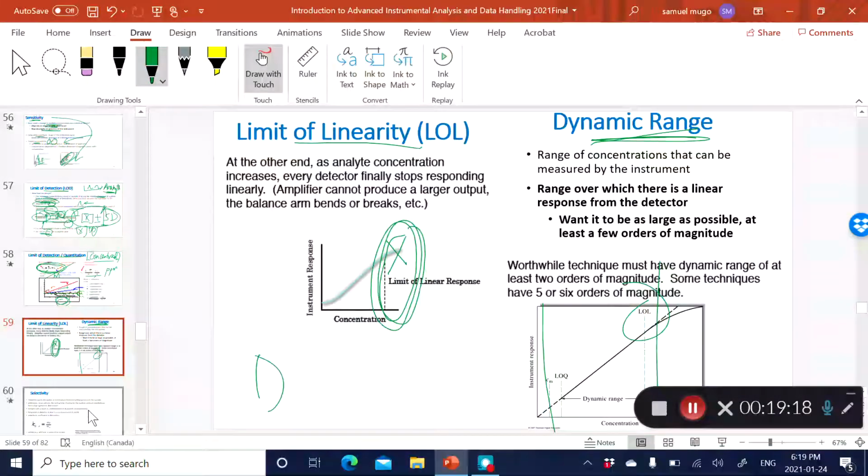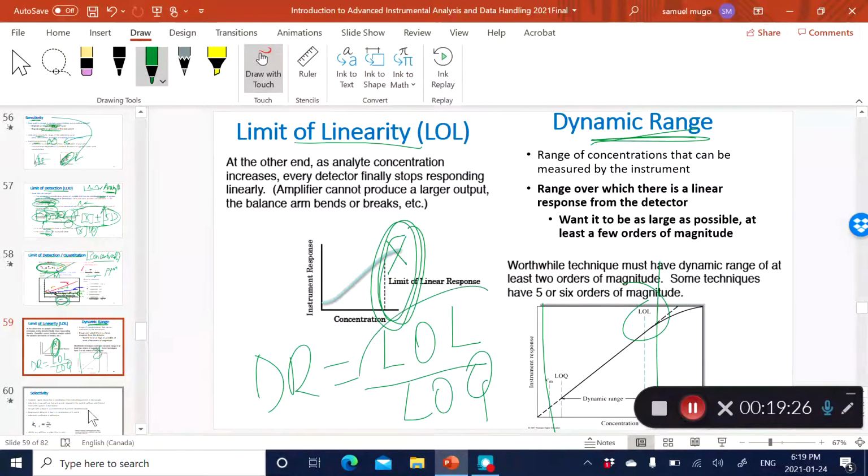Dynamic range is often calculated as limit of linearity divided by limit of quantification. Take note of that. Of course, the bigger, the better.